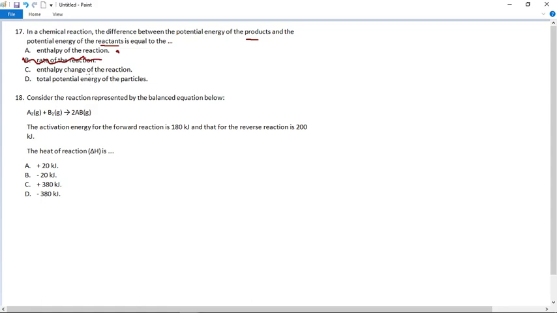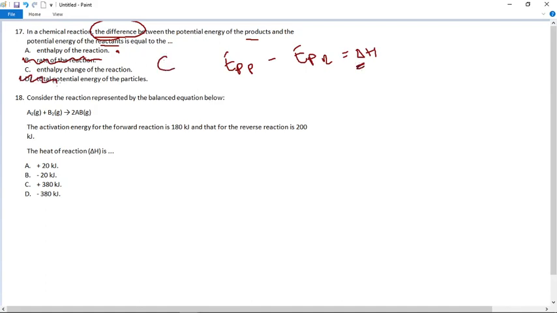The enthalpy change of the reaction. Ooh, this one looks a lot better than A because it said to you in the question the difference. So to find the difference, we subtract. So it's EP products minus EP reactants, and this is in fact delta H, which we call delta, showing you change. So this answer is C.